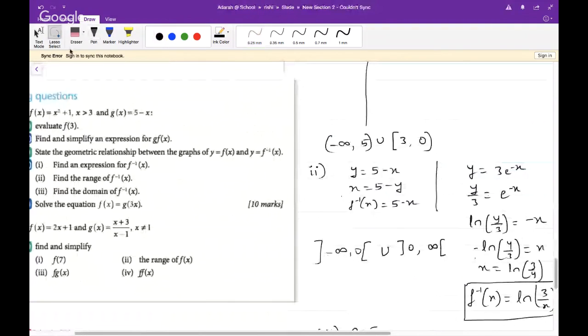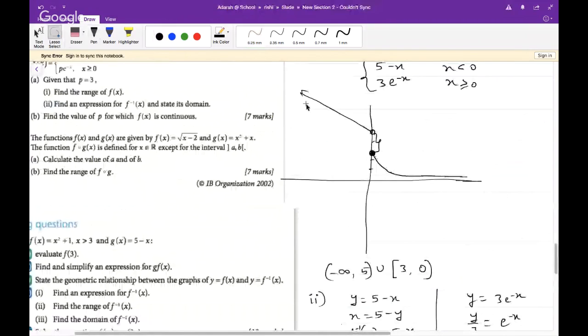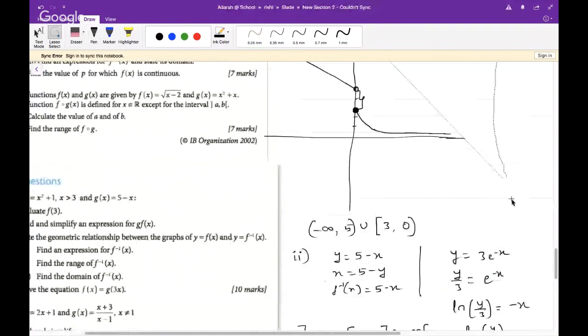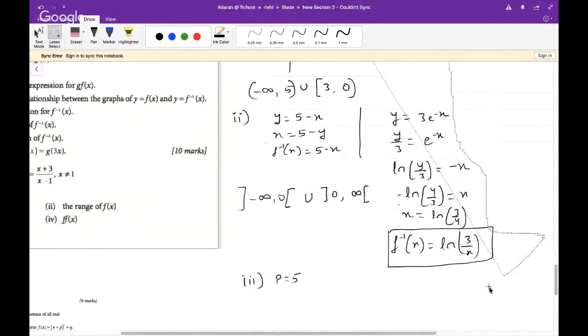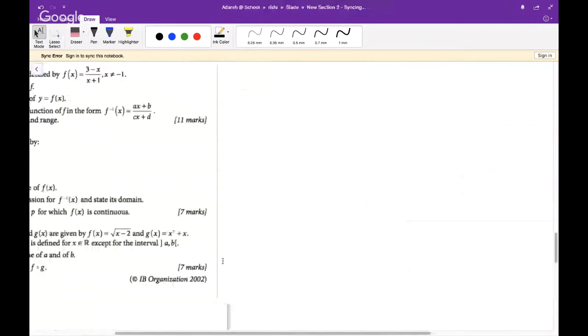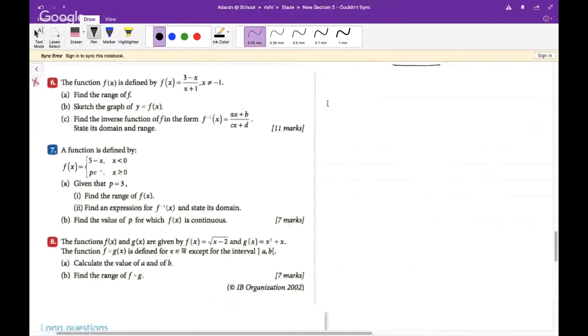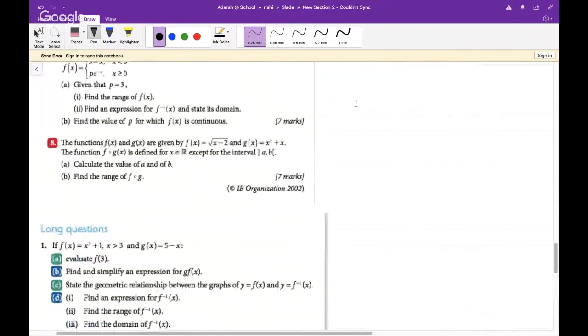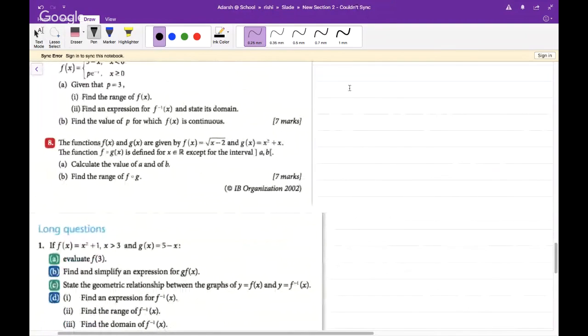Next, eighth question. Now function f of x is given by root of x minus 2, and g of x is given by x square plus x.